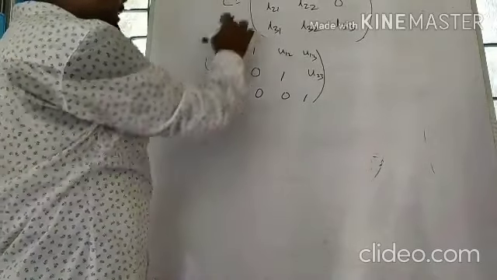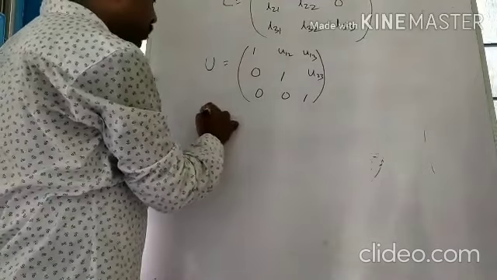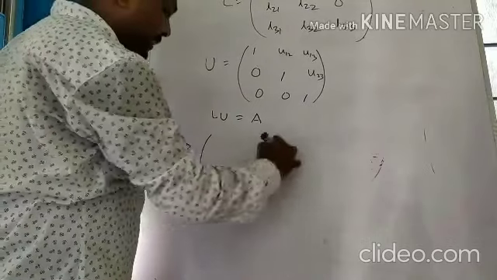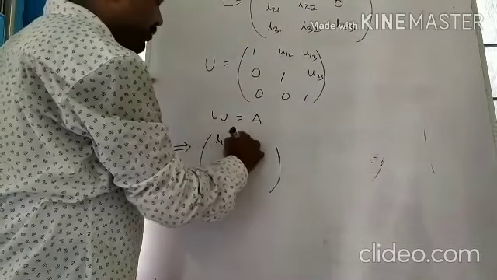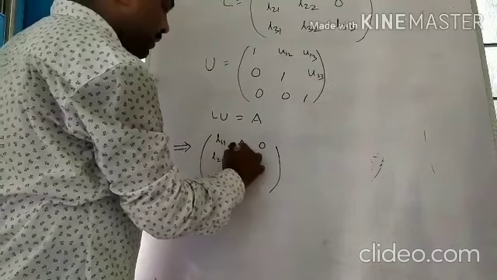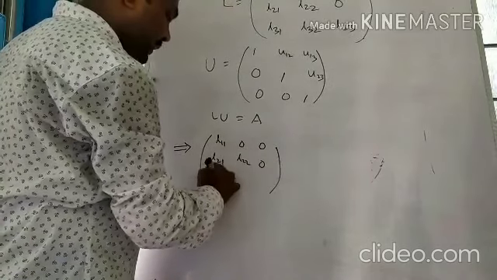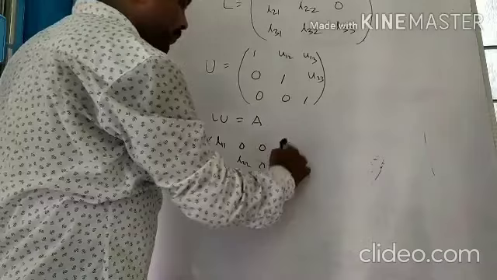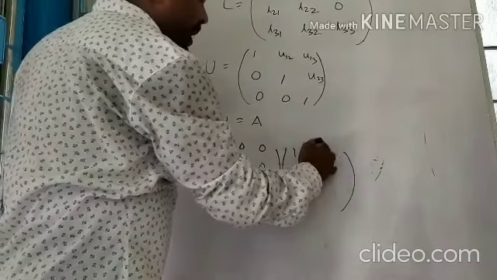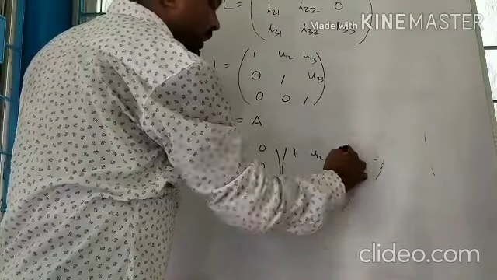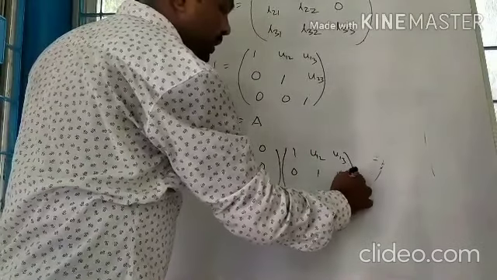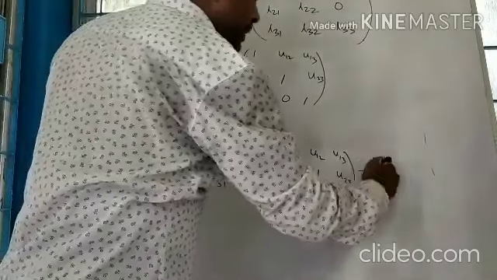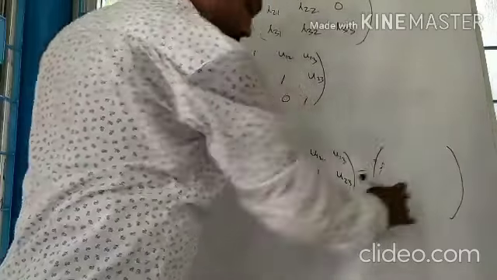Okay, then LU equals A implies L, with rows L11 0 0, L21 L22 0, L31 L32 L33, times U, with rows 1 U12 U13, 0 1 U23, 0 0 1, equals the matrix A. What is the matrix A?